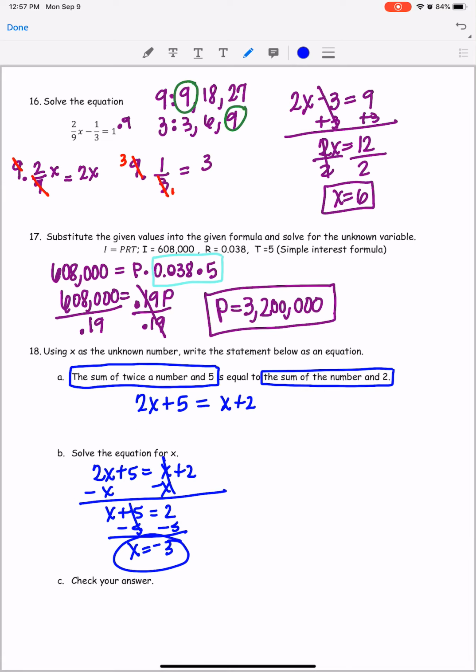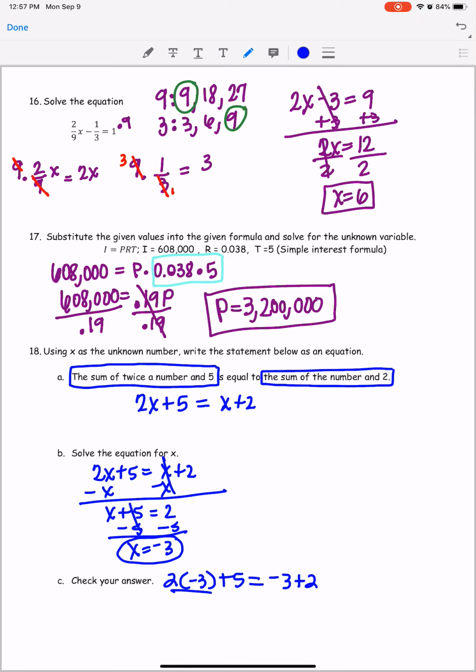So I've got 2x, my x is -3. So 2 times -3 plus 5 equals x plus 2, so negative 3 plus 2. So evaluate.